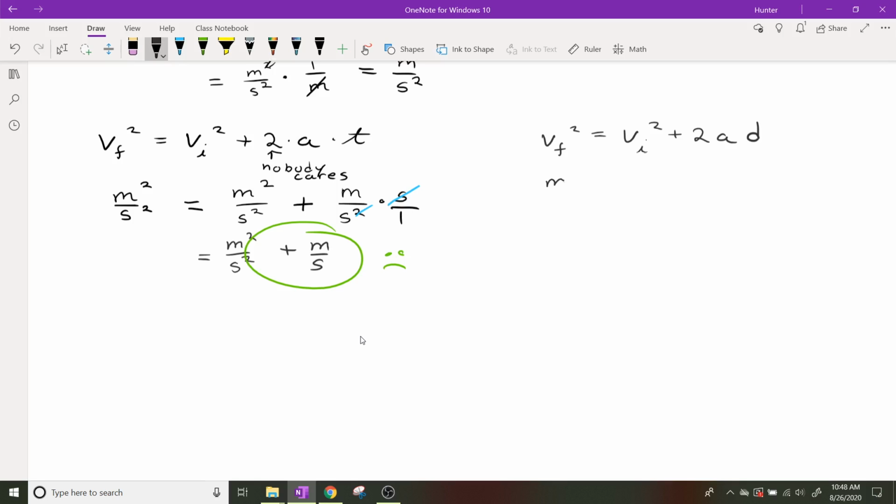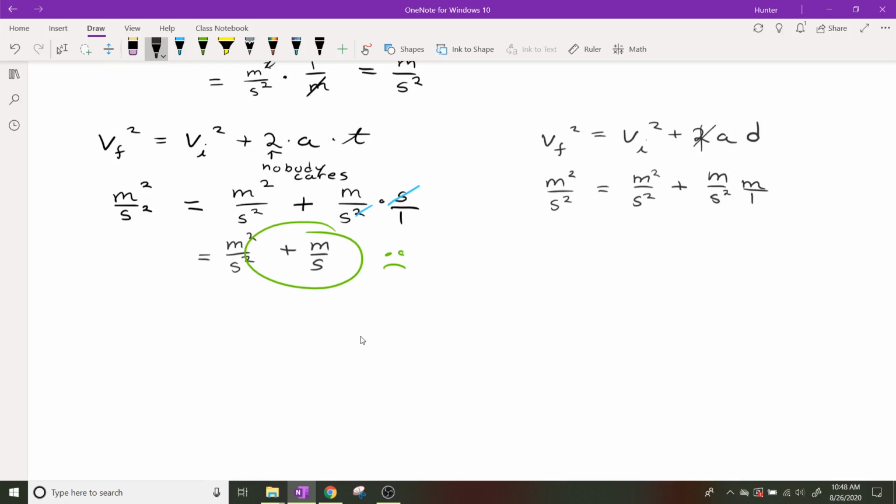So this is meters squared per second squared. That didn't change. Neither did this. This is also meters squared per second squared. Plus the 2, nobody cares. Who cares? a is meters per second squared, d is meters, and this is really m over 1.